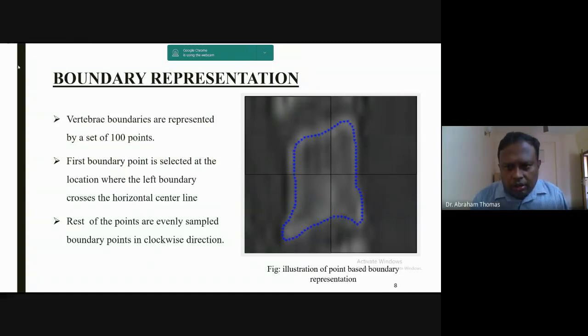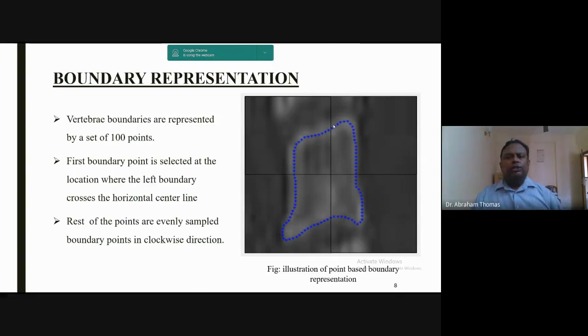So we basically start here, where the first boundary point is selected, at the location where the left boundary crosses the horizontal center. Then we move in the clockwise direction and find 100 points.